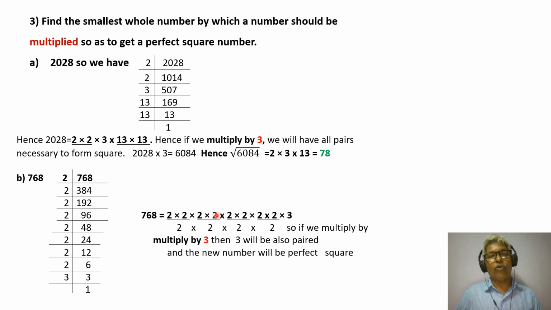So we have 4 pairs, but this 3 doesn't have any pair. So if we multiply this number by 3, the new number will be a perfect square because this 3 will also have a pair. Find out what the number is and the square root of the new number. That should be exercise 5. Okay, so we move ahead.